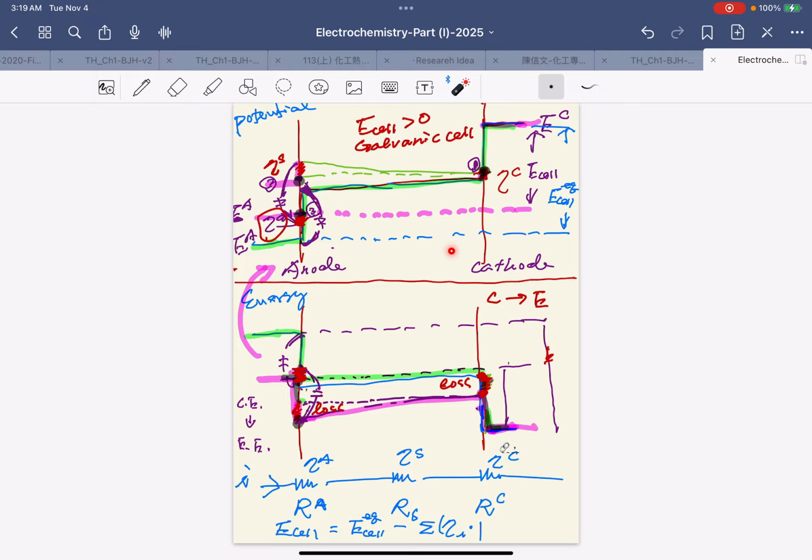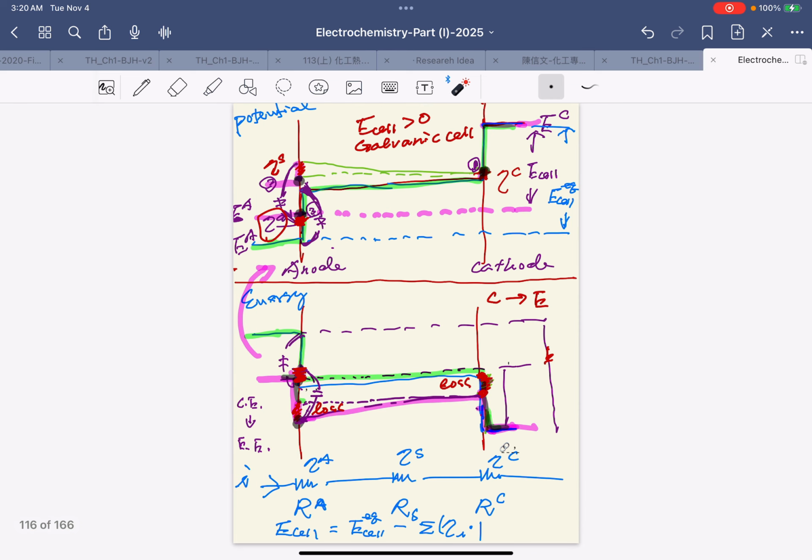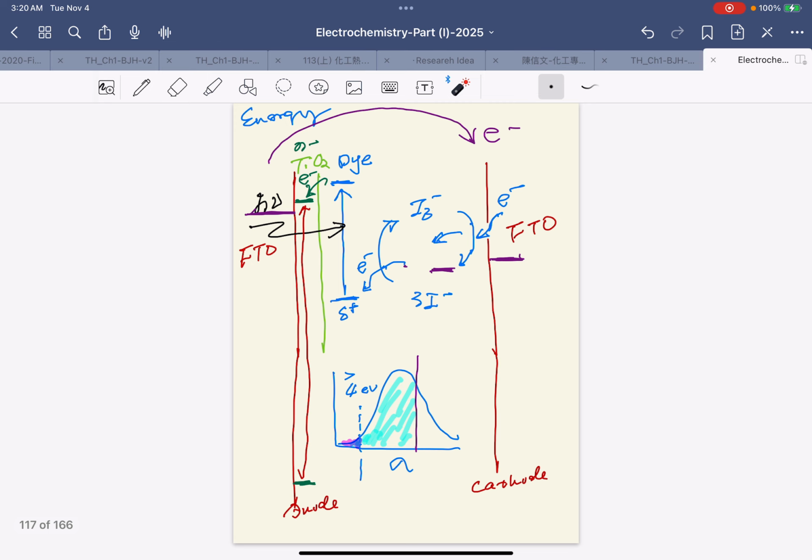So the reaction can still continue, because you convert the chemical energy to electric energy, so you can run this reaction continuously. So the common cell is a spontaneous reaction, but not like the electrolytic cell. The electrolytic cell is not a spontaneous reaction. So yeah, a little bit complicated, but please read again and again.